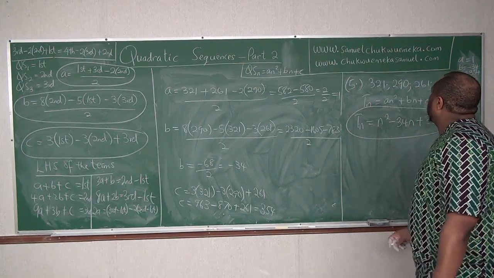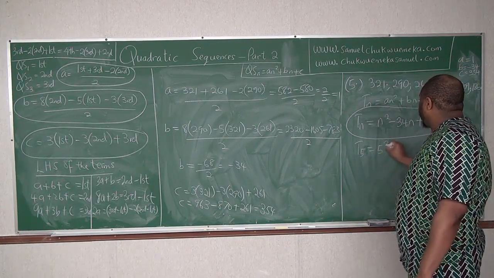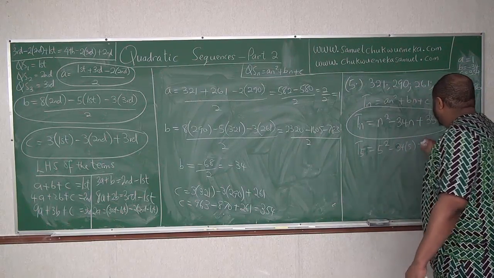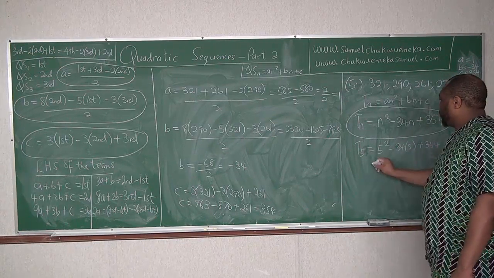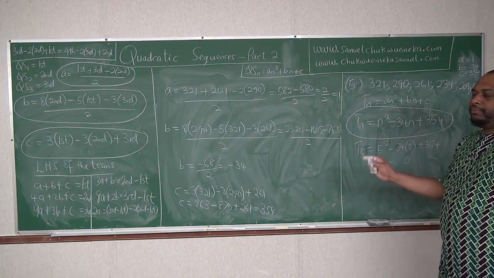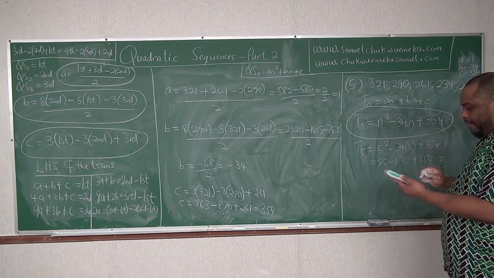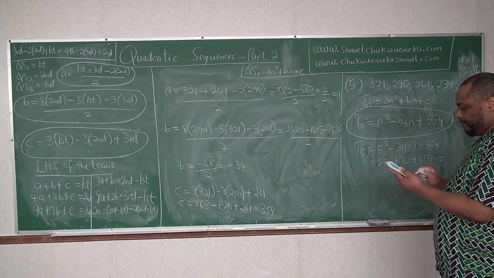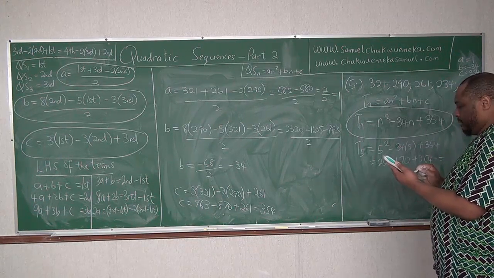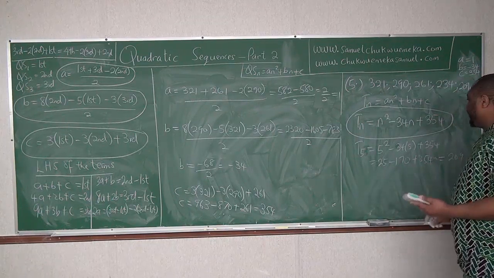Alright, now let's verify. The fifth term will be 5 squared minus 34 times 5 plus 354. That is 209.